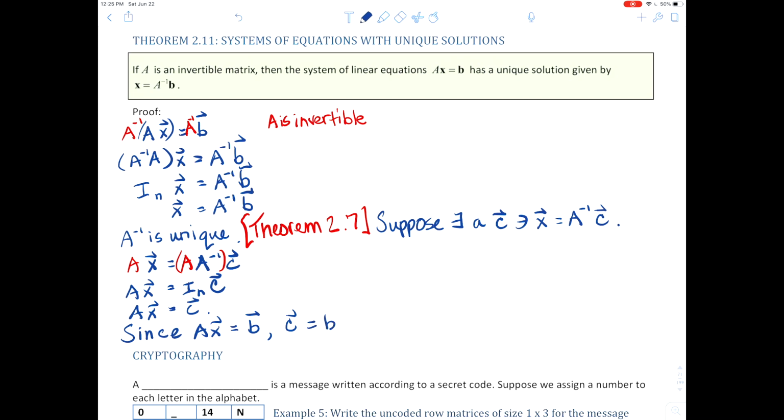That C vector equals the B vector, and therefore X equal to A inverse times B is a unique solution to A times X equal to B. Now, that concludes the proof, and it's pretty powerful.